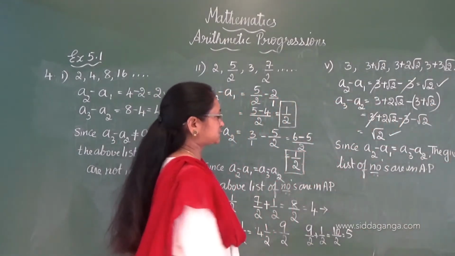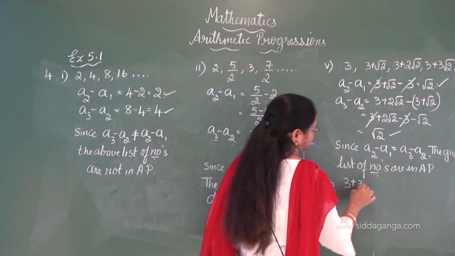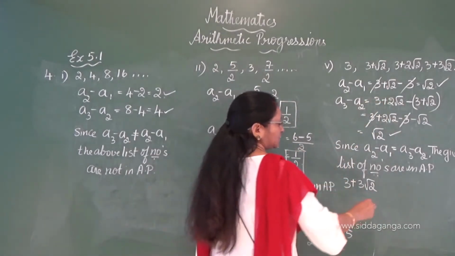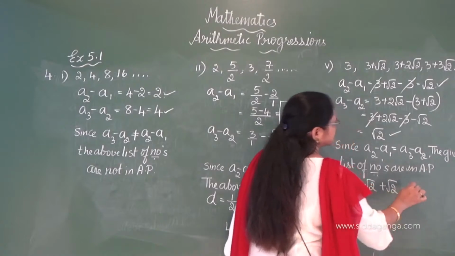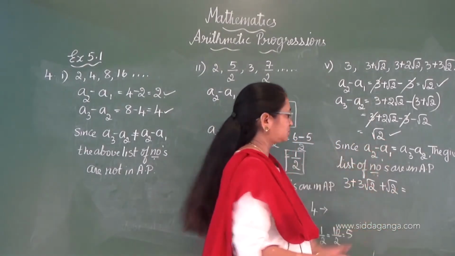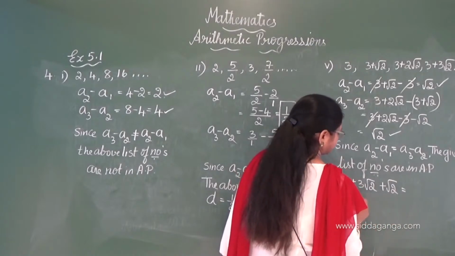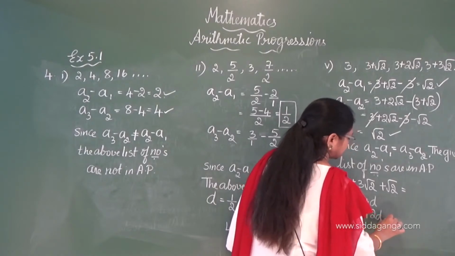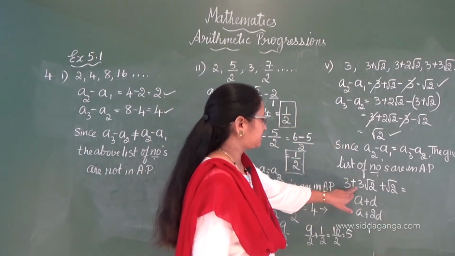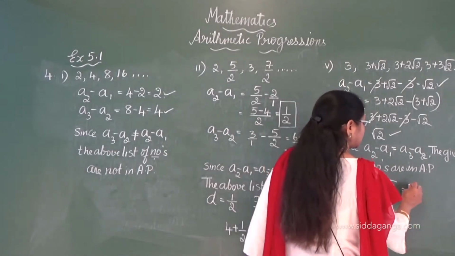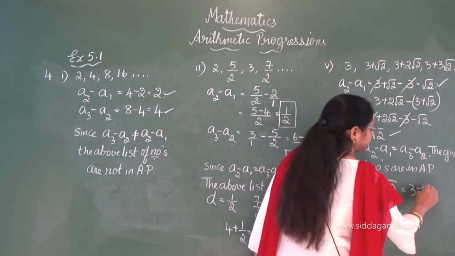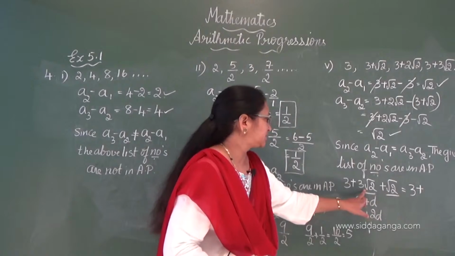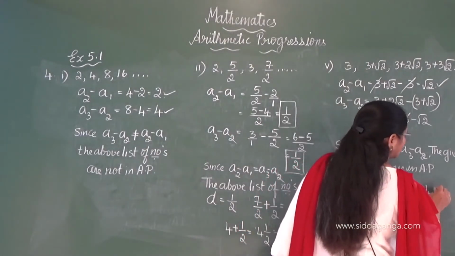So this is the term we have there, what they have given. Next 3 terms means again you have to add root 2, because root 2 is the common difference. You all know that it is a plus d, a plus 2d, goes on like this. Now when you add 3 plus 3 root 2 plus root 2, you will get 3 plus 4 root 2.